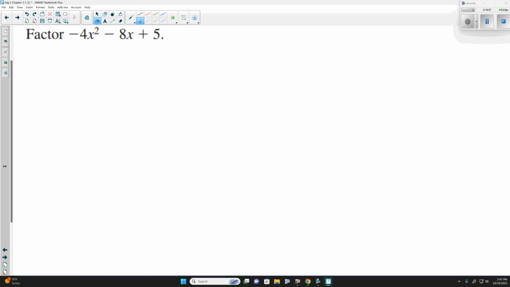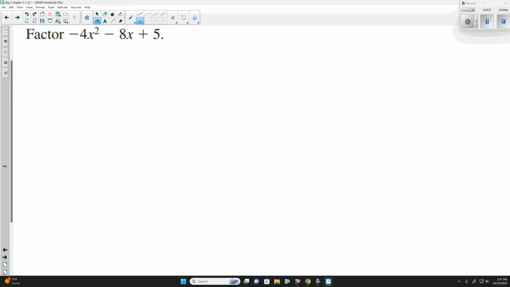Let's look at the next ones here. Now, if we look at this here, is there a greatest common factor between these three terms? No. There's not a number that we can divide into 4, 8, and 5. But what is different about this one that the other ones didn't have?